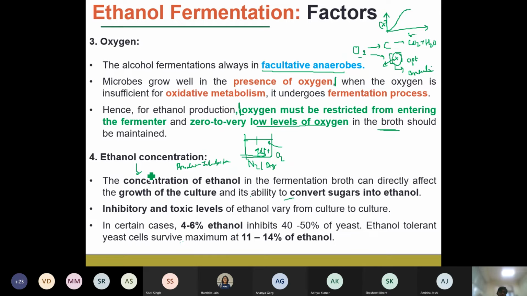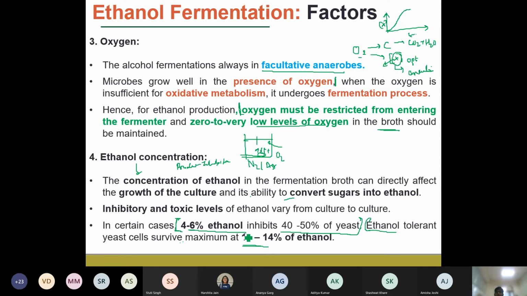Generally it has been found that a very small amount, like 4 to 6% ethanol, inhibits 40 to 50% of the yeast. And if you have an ethanol-tolerant strain of yeast, then the maximum concentration it can withstand is around 11 to 14% ethanol.